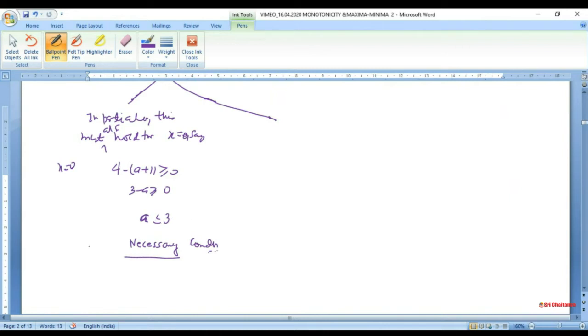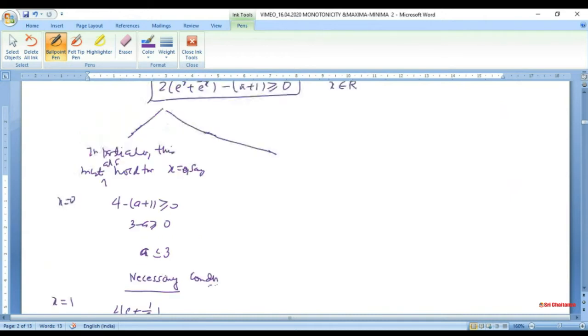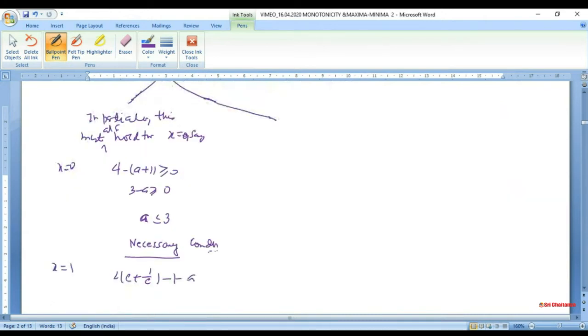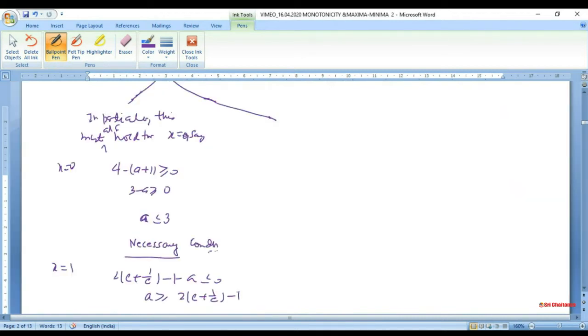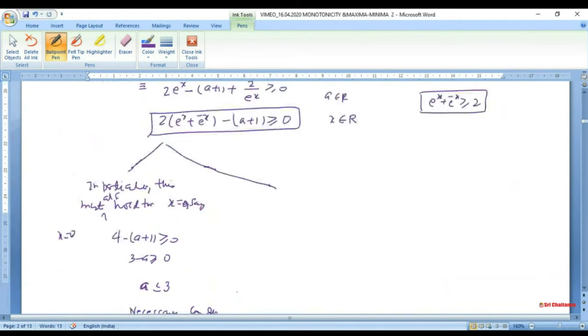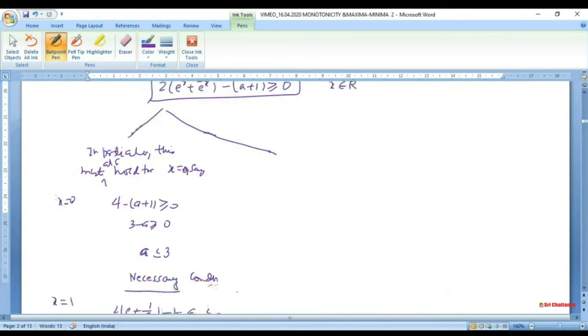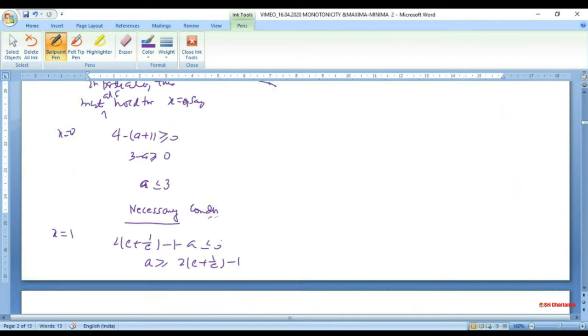Imagine had we put x equal to 1, say. It is true for all x, so this also gives 2(e + 1/e) - 1 - a ≤ 0. You would have got a ≥ 2(e + 1/e) - 1.